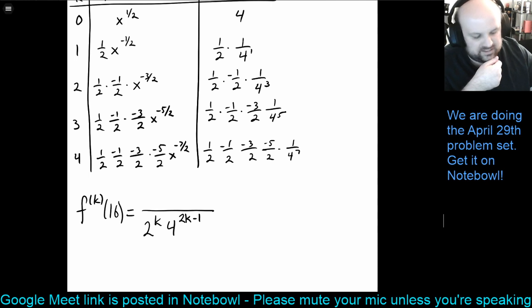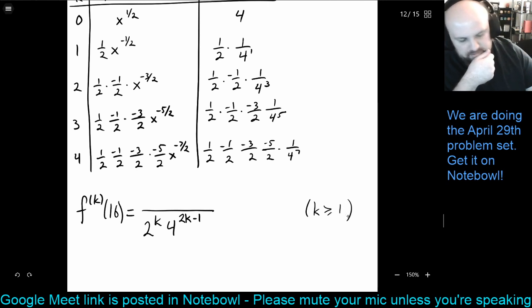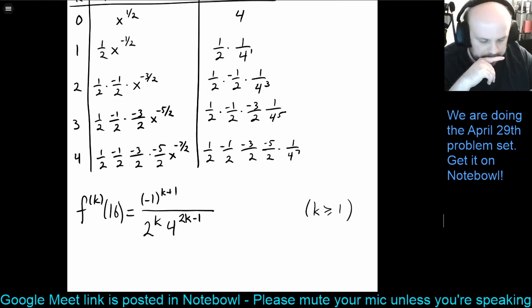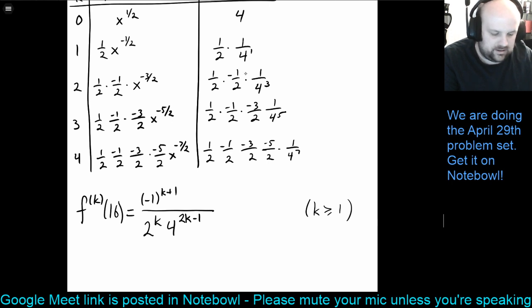But for now, let's just say this pattern goes for k at least 1. If we do that, then this has an alternating negative 1 to the k plus 1 here, or k minus 1, whatever your preference. It doesn't really matter. So the question is, how do you handle the numerator?